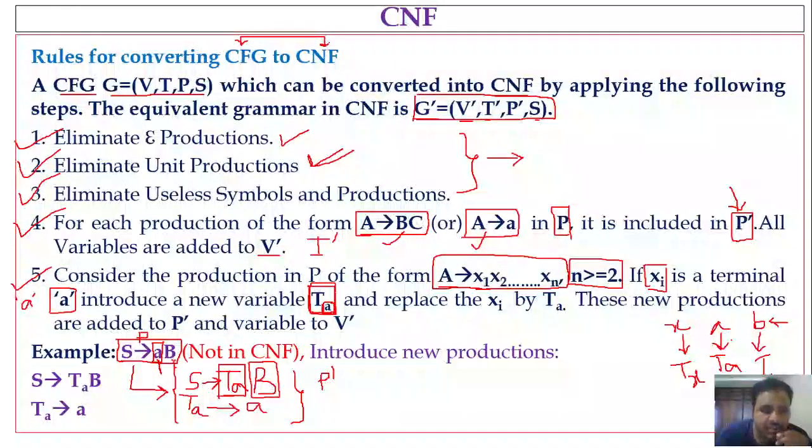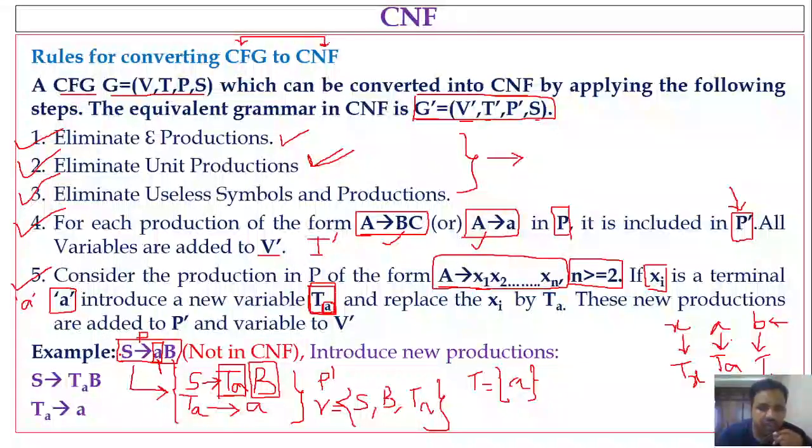And next, in the given CFG, we have only two variables, but in the resultant CFG, we are going to have three variables: S comma capital B comma capital T base A, three variables, right? And next, terminal symbols, in this context we are having same, that is small a, right? And production set, we are having two productions, whereas in the given grammar we are having only one production, right?